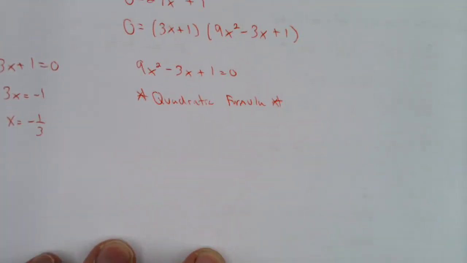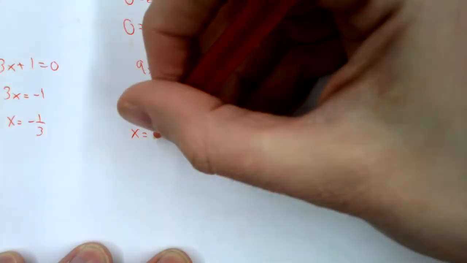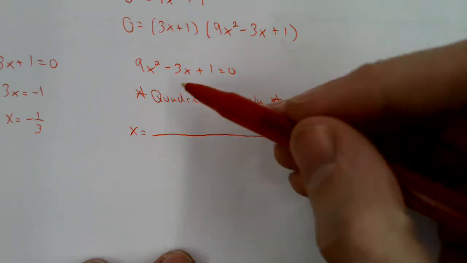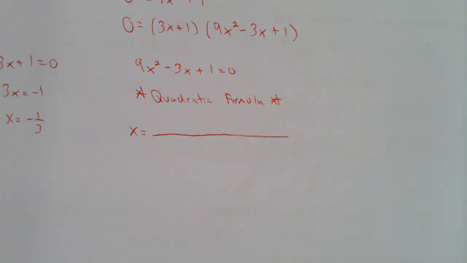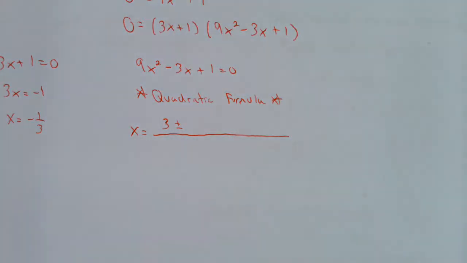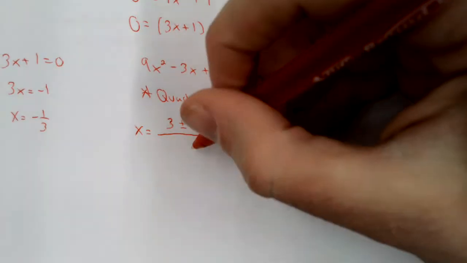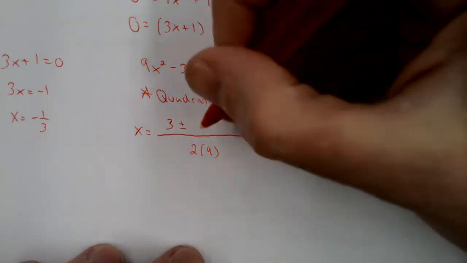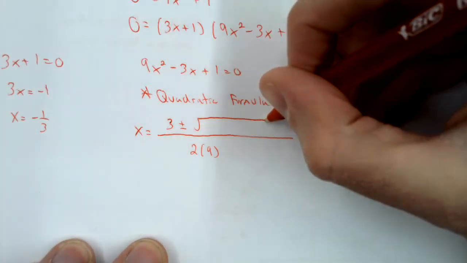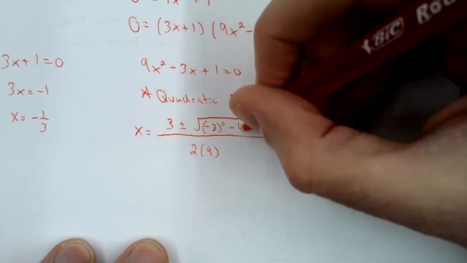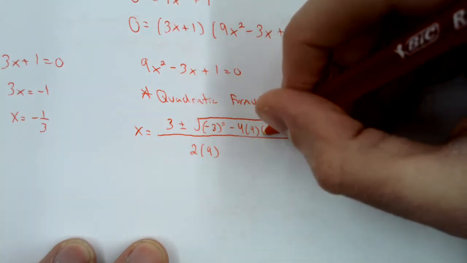Now let's go and let's solve it. Okay, so opposite of b, opposite of negative 3 is 3. The denominator is just 2 times a, so just 2 times 9. Up top, under the radical, b squared minus 4 times a, which is 9, times c, which is 1.